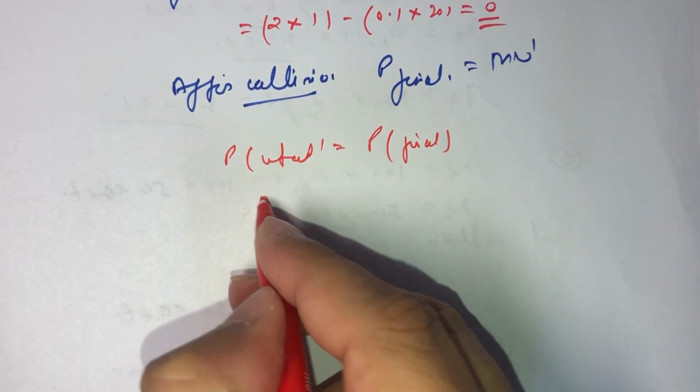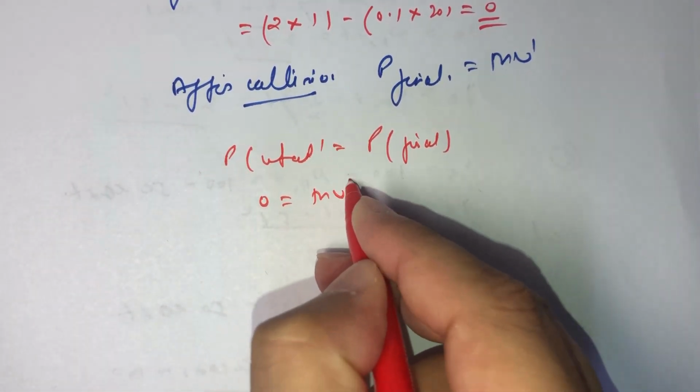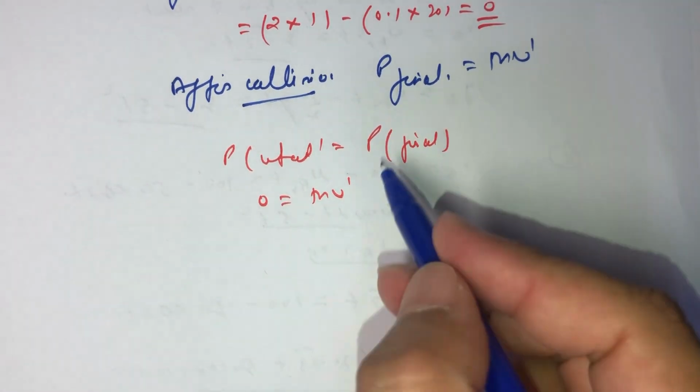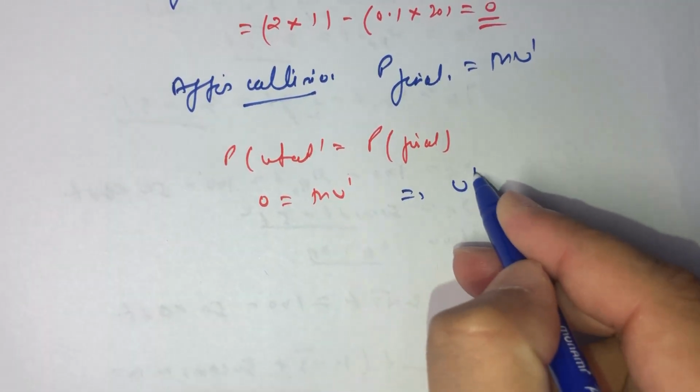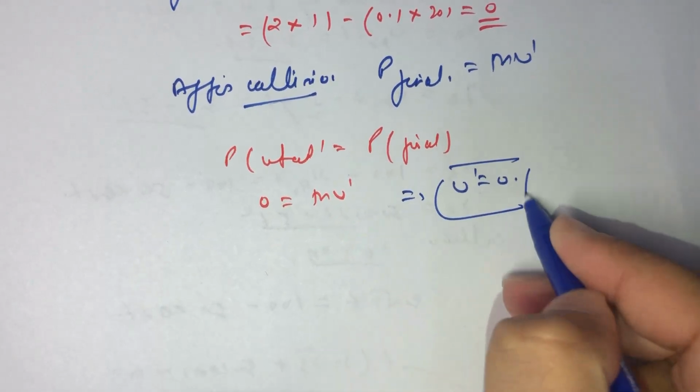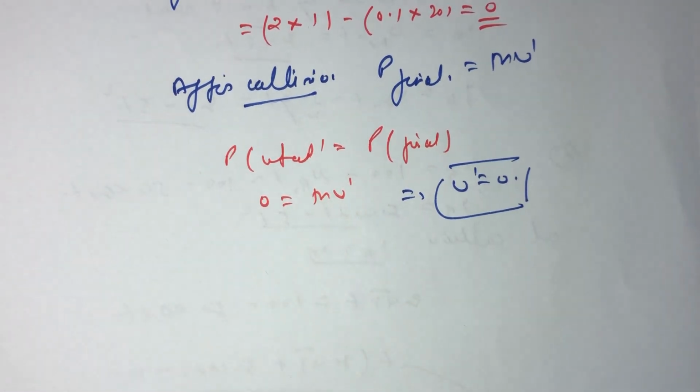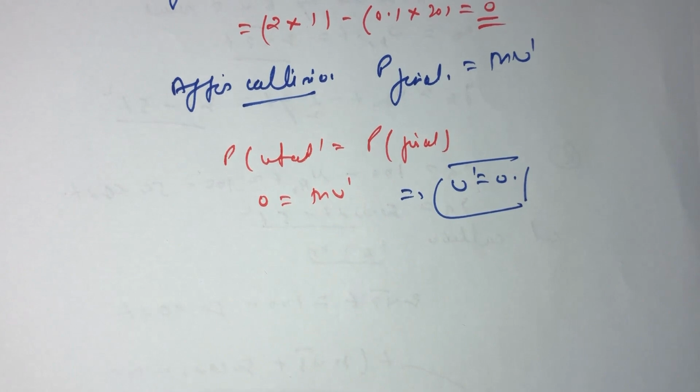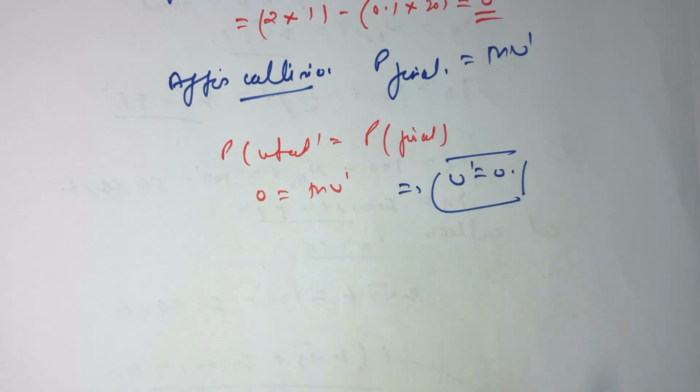So initial is equal to 0, so final is mv prime. So from here we can say that v prime is equal to 0. And if v prime is equal to 0, then we can find out omega prime.